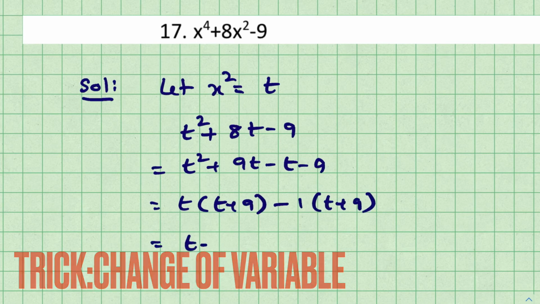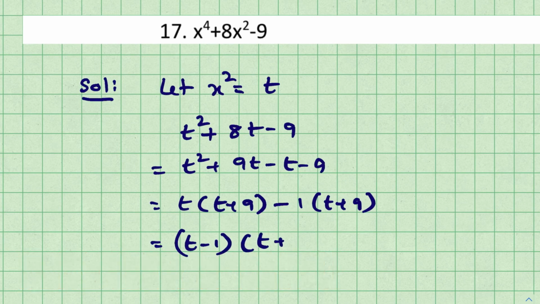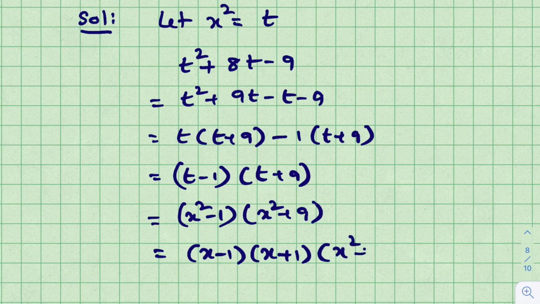Therefore, the final answer will be t minus 1 into t plus 9. But the question is not in terms of t but in terms of x. So I replace t with x square, which can further be factorized into x minus 1 into x plus 1 into x square plus 9. That is the final answer.